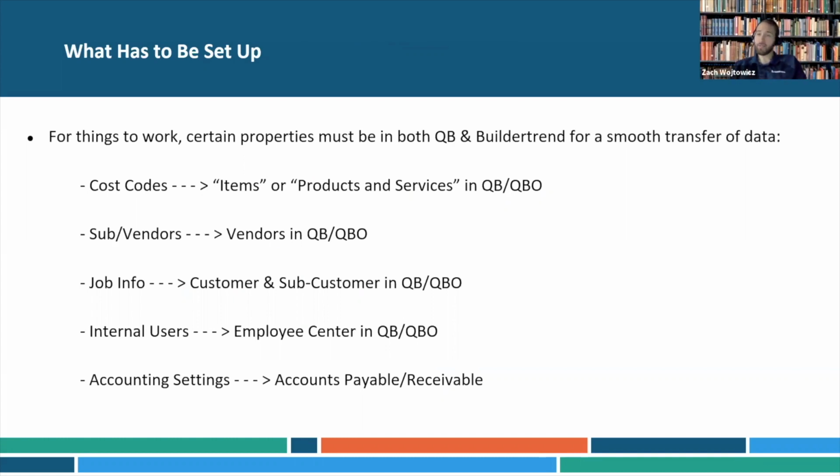You have your cost codes that I kind of just brought up that need to be linked to items. That's a big concern for a lot of people, is when they use their QuickBooks, they just book expenses to a general ledger account, which means you don't really have a specific tracking item mechanism. You're just saying this is what I spent, and this is the account it goes into. That has changed a little bit. You have to use cost codes. Those only link to items in QuickBooks Desktop or products and services in QuickBooks Online.